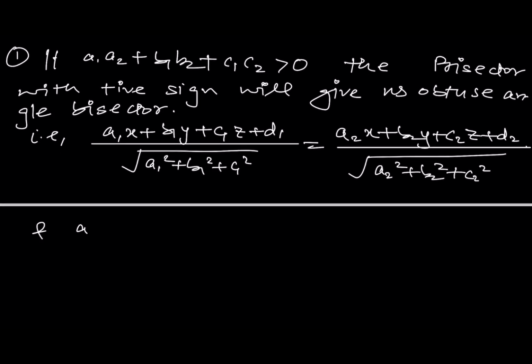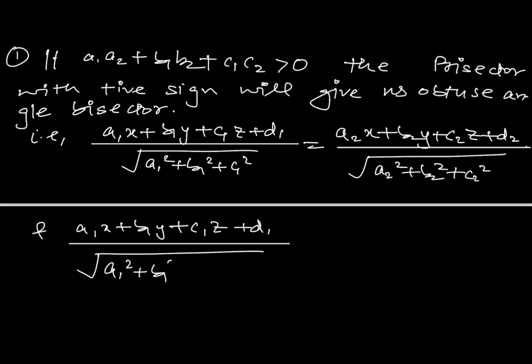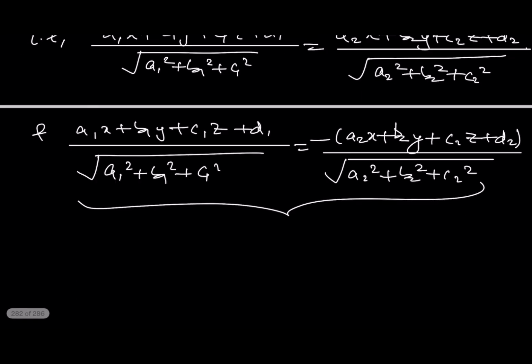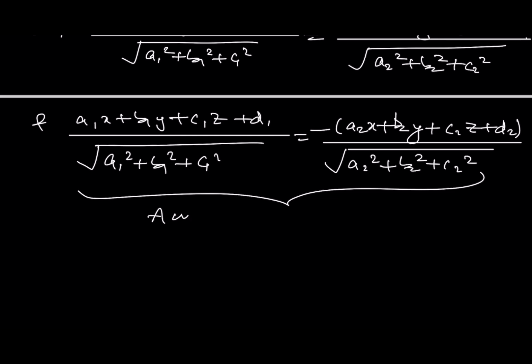And (A1x plus B1y plus C1z plus D1) upon root over A1 square plus B1 square plus C1 square is equal to minus of (A2x plus B2y plus C2z plus D2) upon root over A2 square plus B2 square plus C2 square. This is for the acute angle bisector.